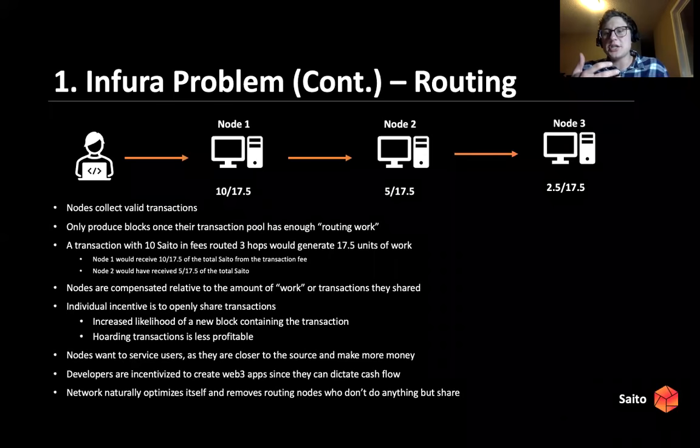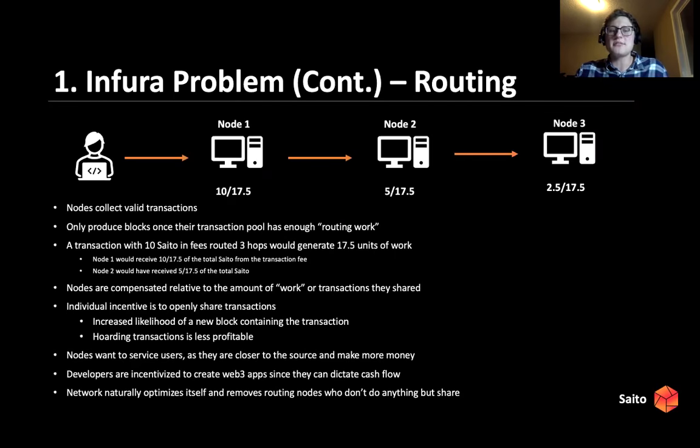And if my transaction is included inside of a block, it doesn't matter if I'm node 1, node 2, or node 3, I will still make some money. The only difference is that the nodes closer to the user, which receive more routing points, would be paid more, but I would still get paid. So everyone who contributed to the routing gets paid in this new mechanism. As we can see, hoarding of transactions is actually less profitable.